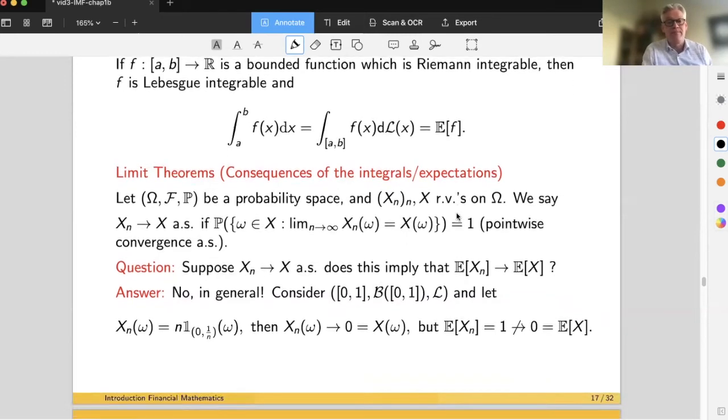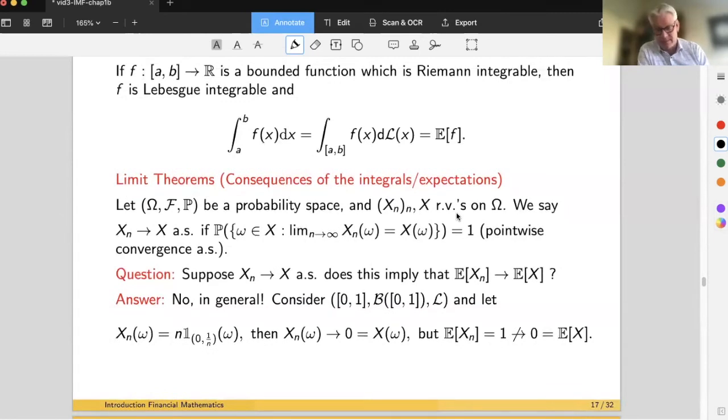Now, let me see if I can plot it here somewhere, maybe down here. So what do we have? We have our axis here. We have 0 and 1. This is 0. This is 1. Then here we have our 1 over n, and here we have our n.